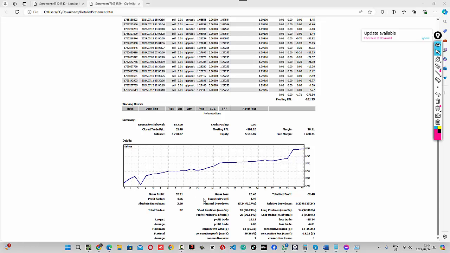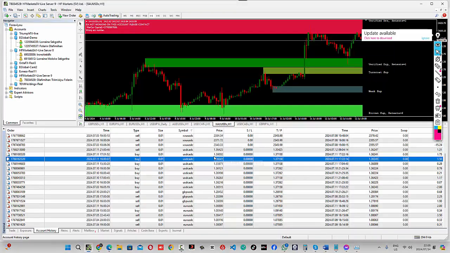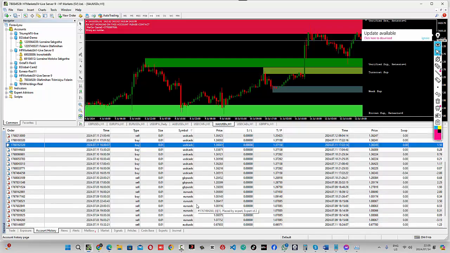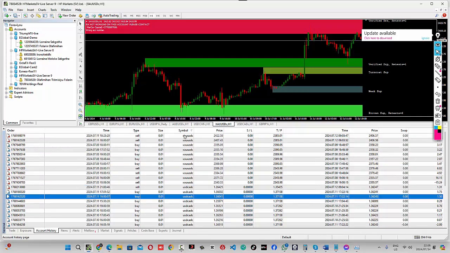So this is our statement for the second account. So now what else do we need to talk about is that none of these accounts are hedged. You can see last week we traded gold, we traded almost every volatile pair, but none of these accounts are hedged. So there's no big deal in this trading.